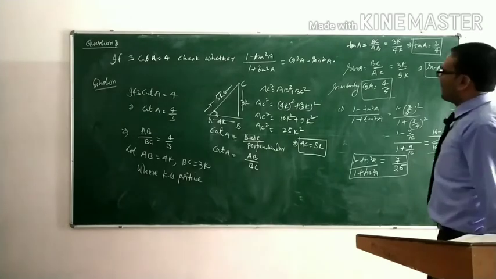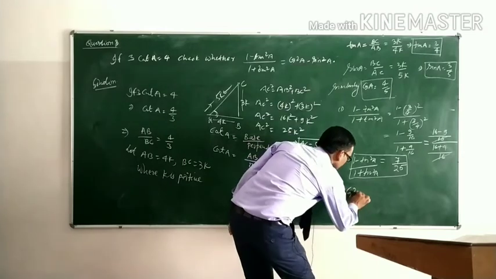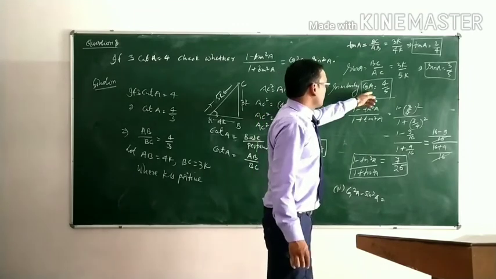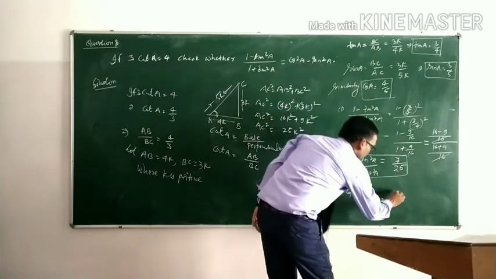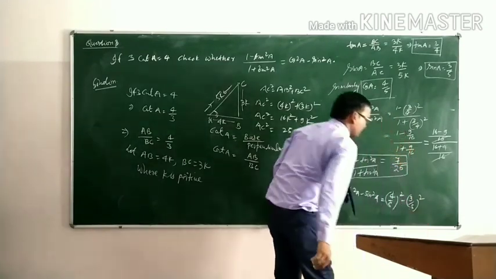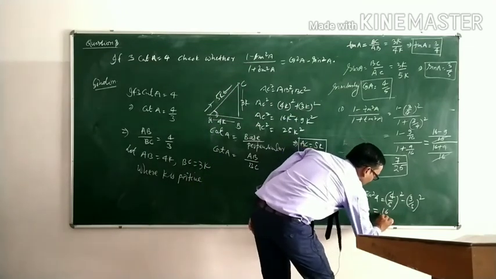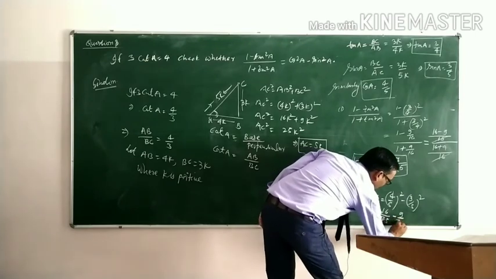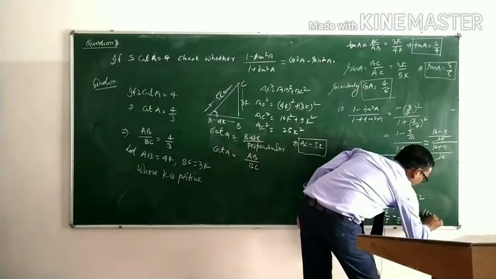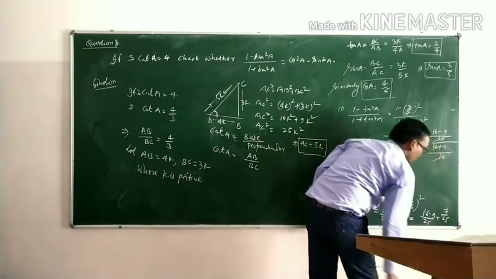Again we find the value of the second part, cos square A minus sin square A. What is the value of cos A? 4 by 5. Here, (4 by 5) square minus (3 by 5) square, since the value of sin A equals 3 by 5. Then we find 16 upon 25 minus 9 upon 25. This gives 16 minus 9 upon 25, which is equal to 7 by 25.